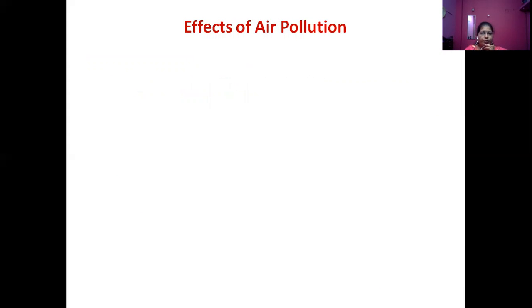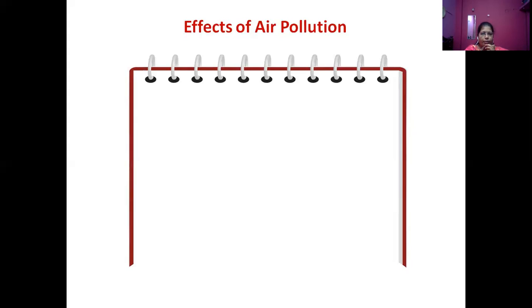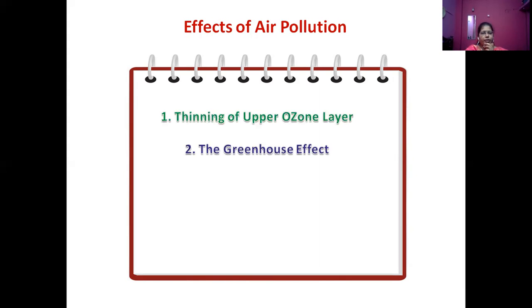So what are the effects of air pollution? Generally there are four major effects of air pollution. First, the thinning of the upper ozone layer. As we have been hearing for the last 2-3 decades, the ozone hole has happened and it is increasing day by day.